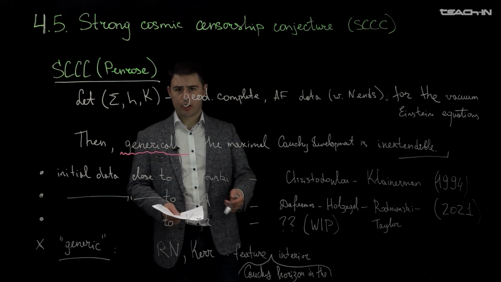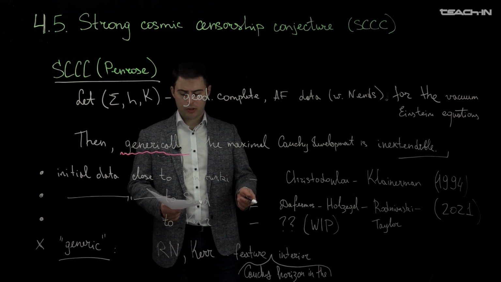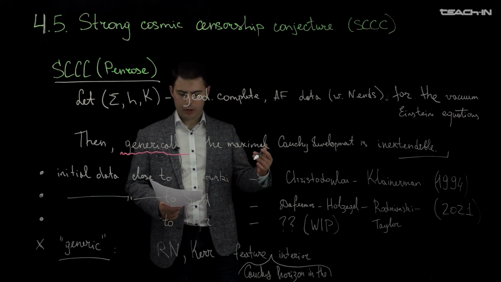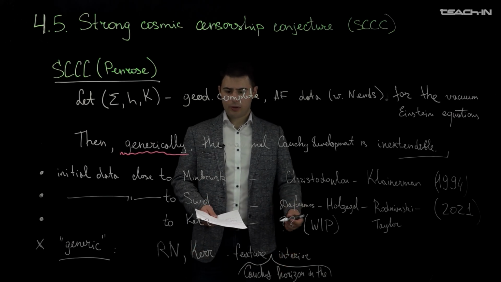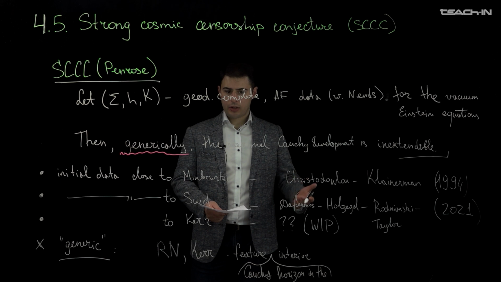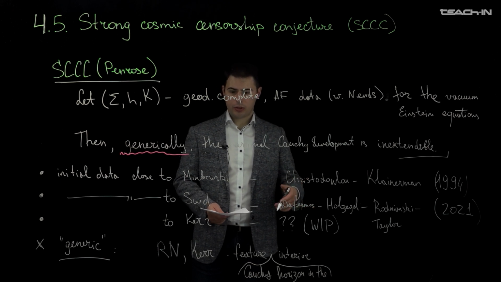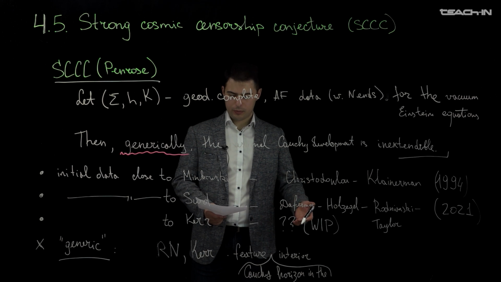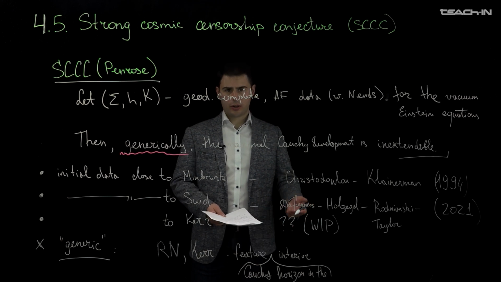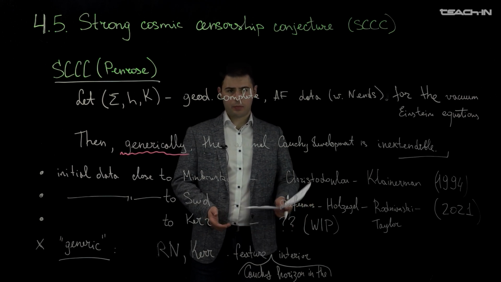So we would prefer to have positive energy density and no superluminal propagation. So to summarize, it is still believed that taking the initial data sufficiently close to Reissner-Nordstrom and Kerr will produce an inextendable maximal Cauchy development.